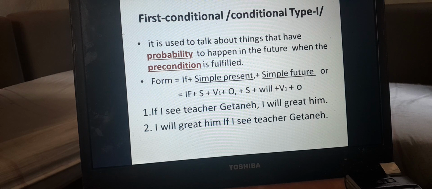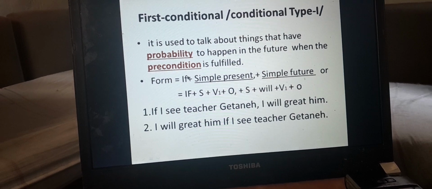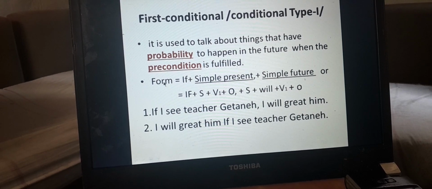So if you fulfill the preparation for your exam, you can pass. So ideas related to this can be expressed in English using first conditional or conditional type 1, okay? So to express ideas of this kind, we should use the correct structure or form.